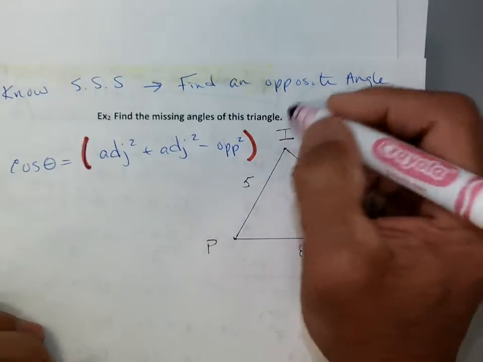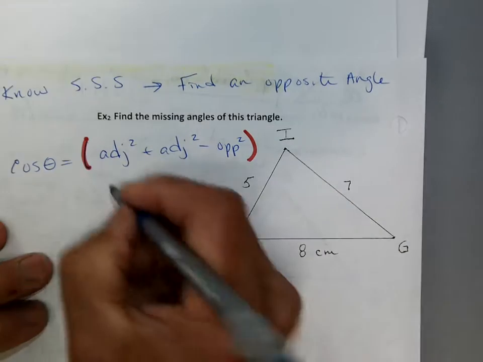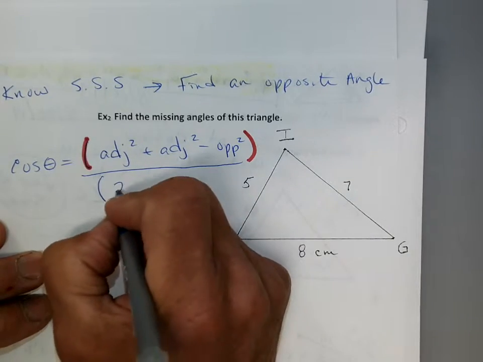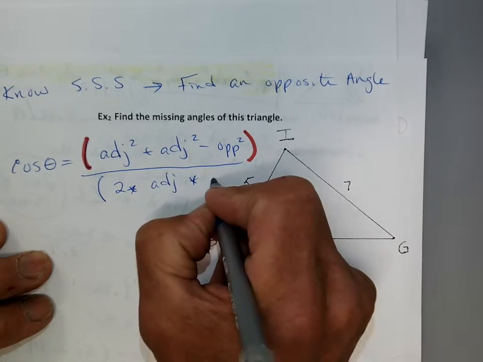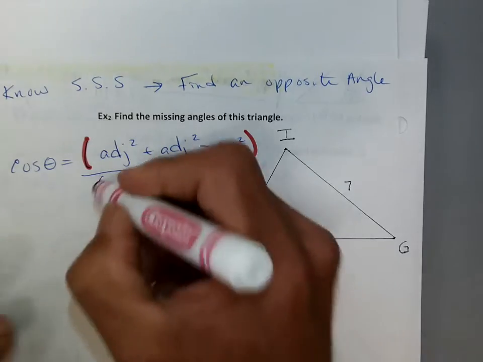Parentheses. So we have the entire top divided by parentheses 2 times my adjacent times my adjacent, okay? Parentheses. Don't forget your parentheses.